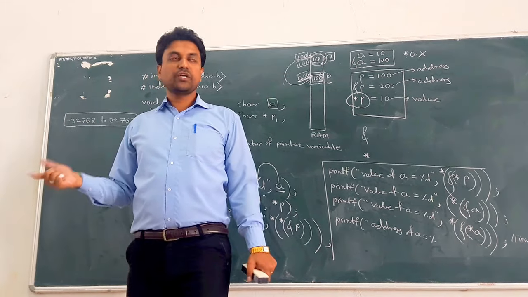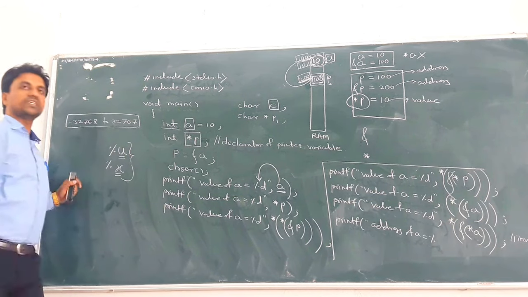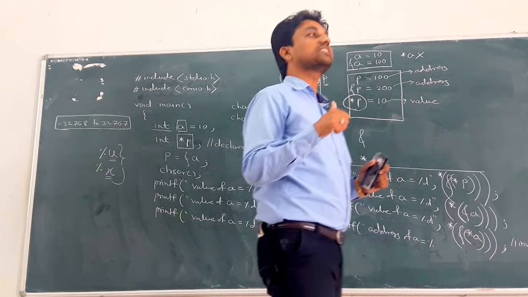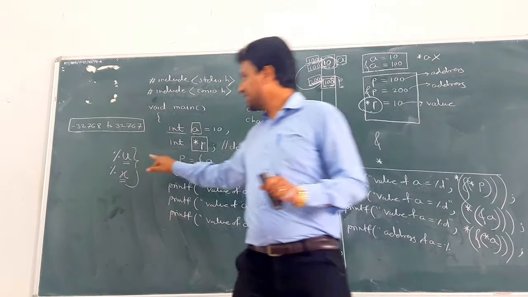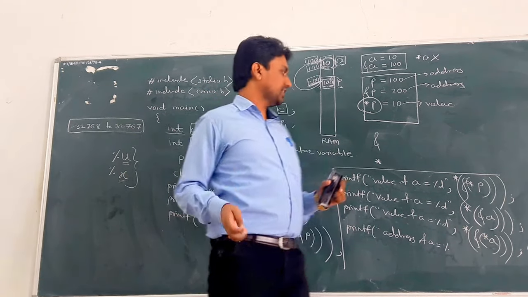Understood the meaning? For printing addresses, we can use either %u or %x. Both are correct. x means it prints a hexadecimal value, and %u means unsigned integer value, because addresses are always unsigned. For that, use %u or %x as a formatting type.